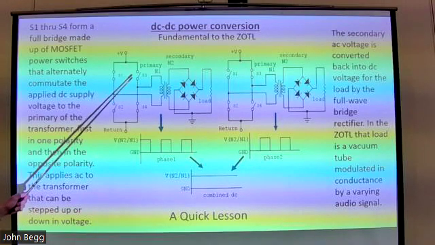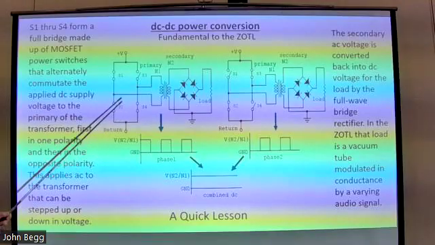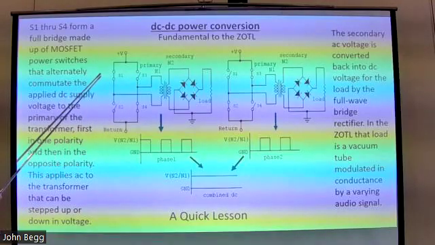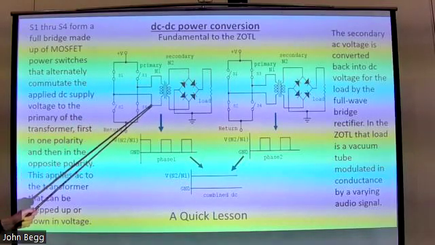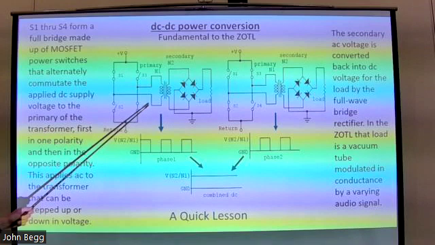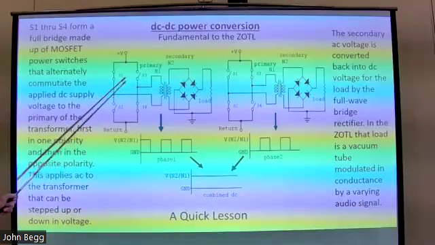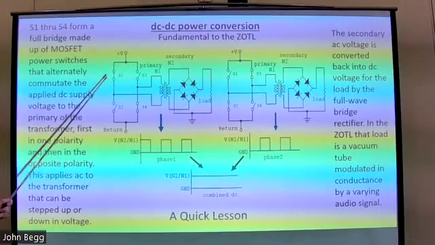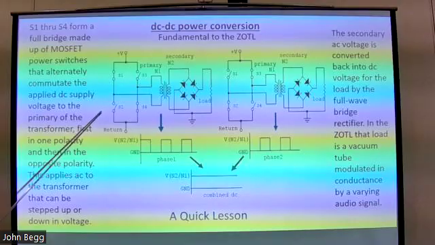So switch 1 and switch 4 are closed at the same time. That applies the V plus to this side of the transformer. And then on the next switching half cycle, switch 1 and switch 4 are opened, and switch 3 and switch 2 are closed.